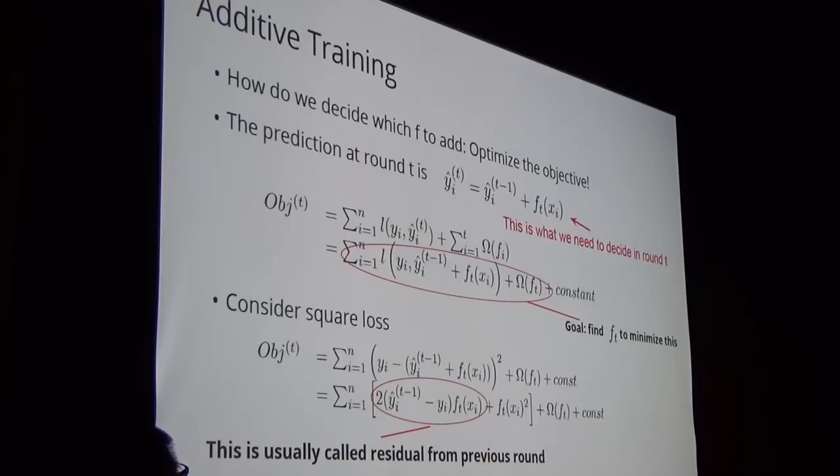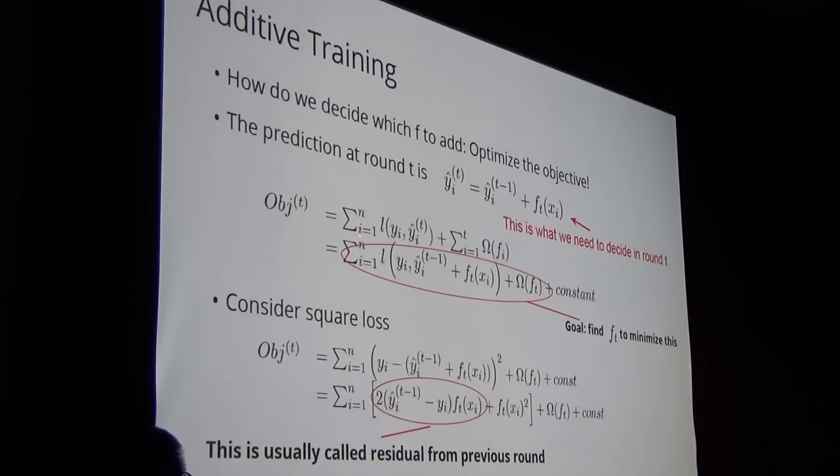The other problem is how do we select which trees or which functions to add at each round? The answer is we always want to add a function such that it will optimally help us decrease the objective function that we define. So here a bit of math kicks in, but I think this step is okay.